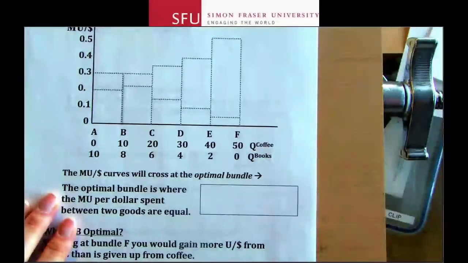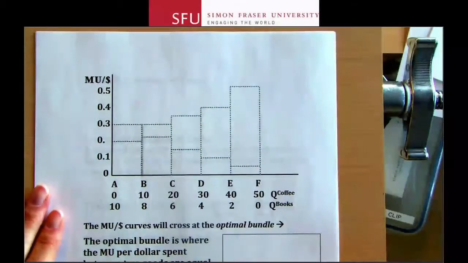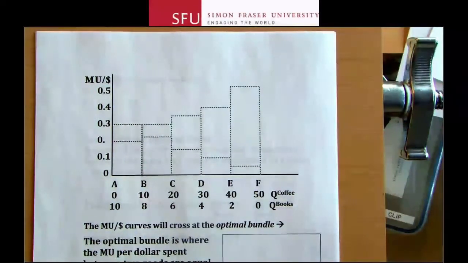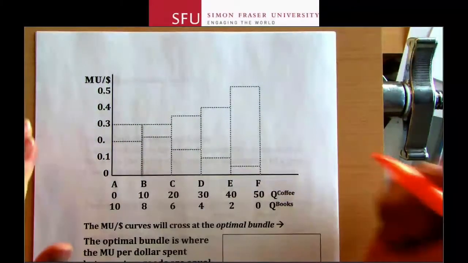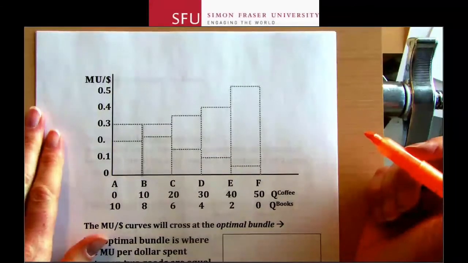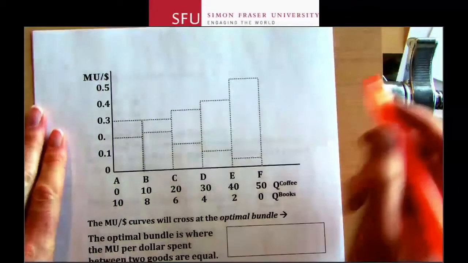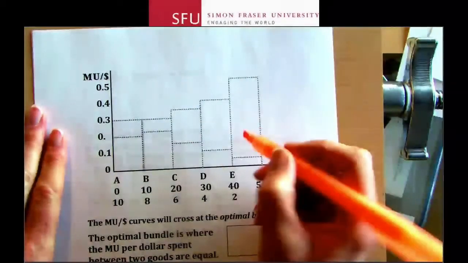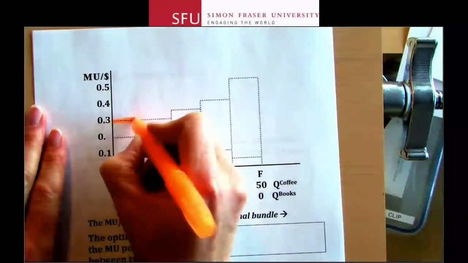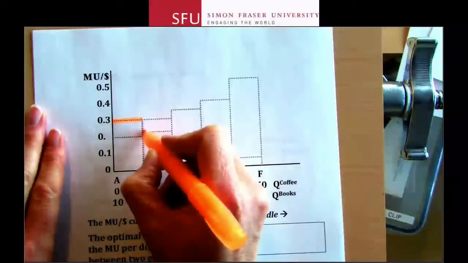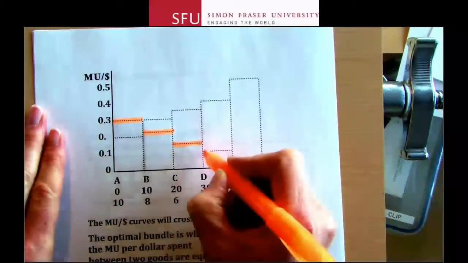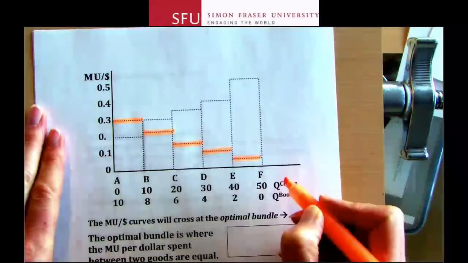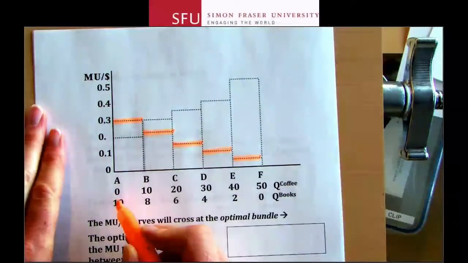All right, now the graph here is a bar chart, kind of like we were graphing in chapter 4, right? Bar chart or a step graph. Okay, so let's see. These lines here, starting at 0.3 and going down, would be for the coffee.